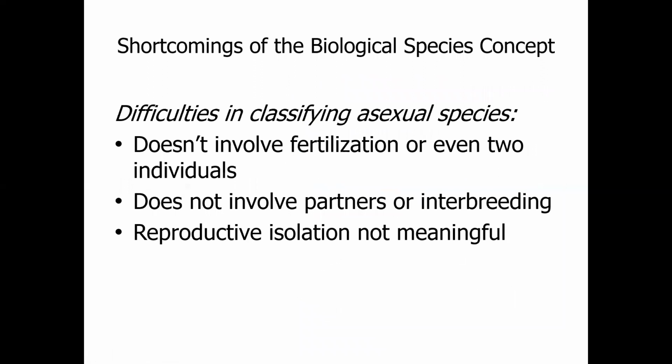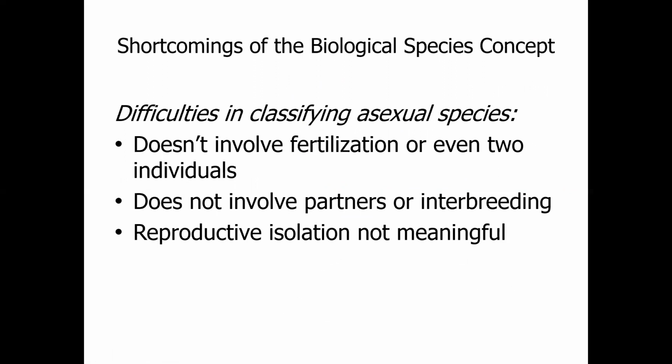So the first area of shortcoming is classifying an asexual species. For a sexual species, we have some kind of fertilization, with the egg meeting the sperm, either in utero or outside the utero. And that involves partners and courtships and breeding and everything.